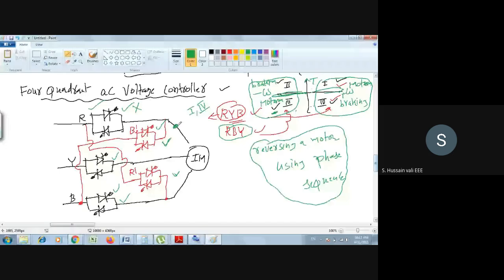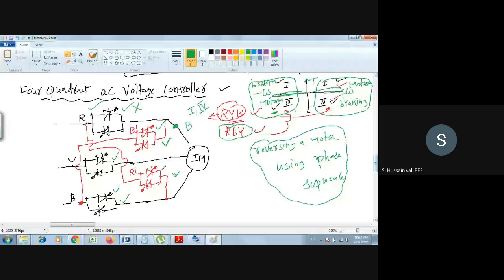Here you will find B. When I turn on R dash, by turning off this, which terminal will you find here? R. So you will find B Y R. Earlier it was R Y B, now it is BYR. BYR is nothing but RBY. That's the phase sequence.